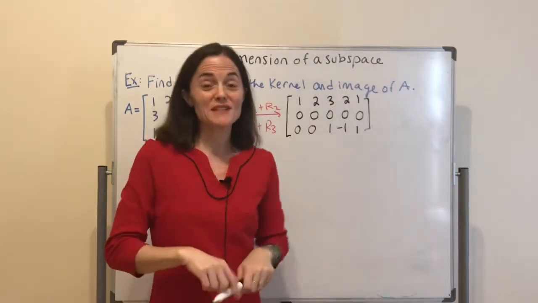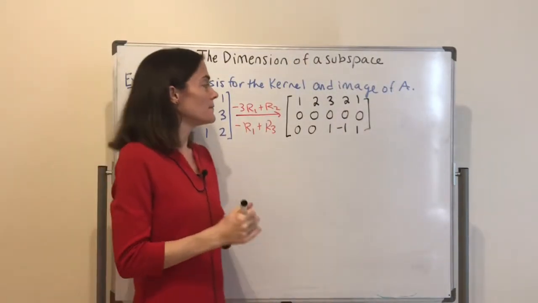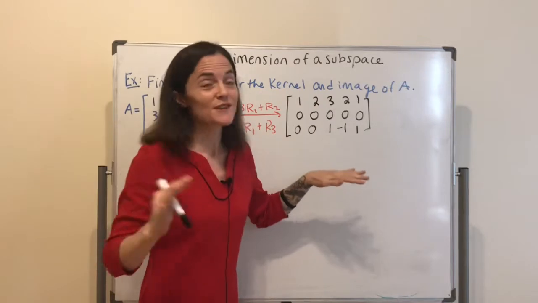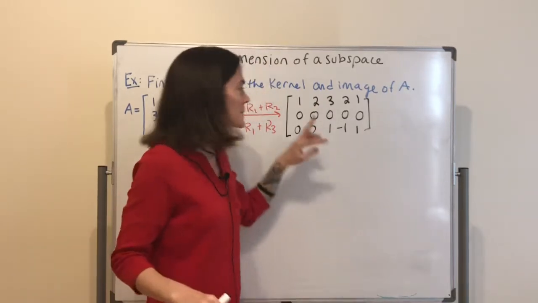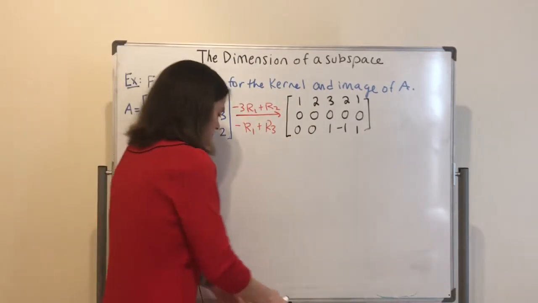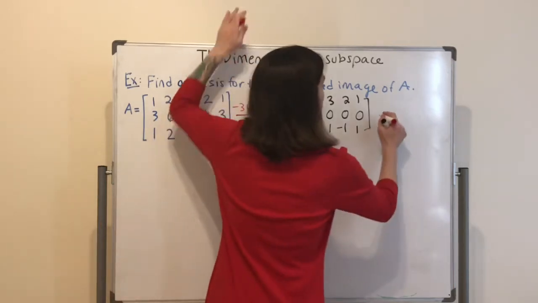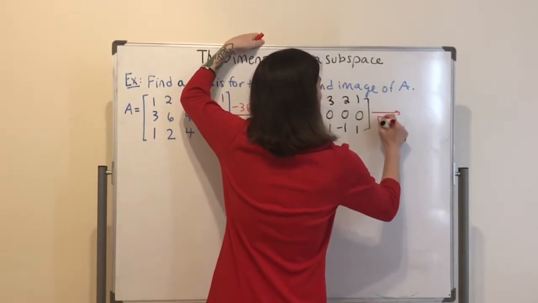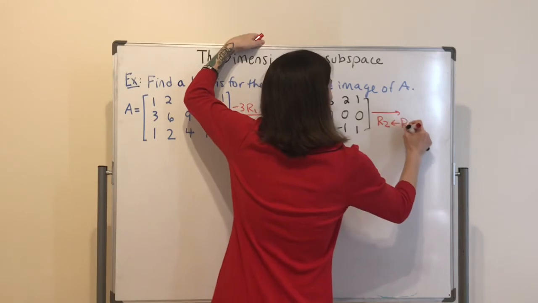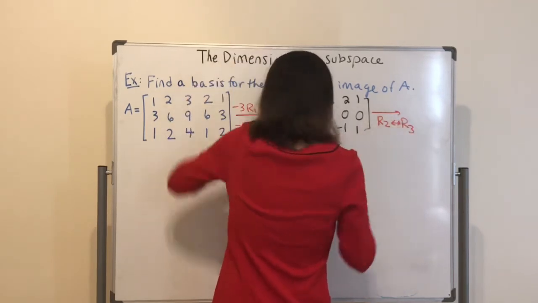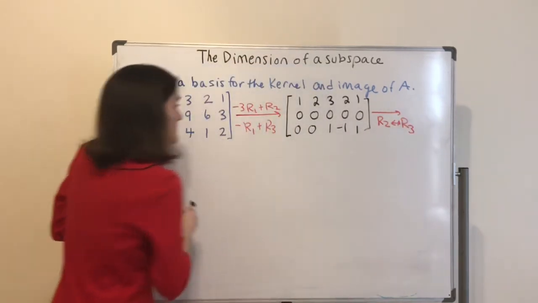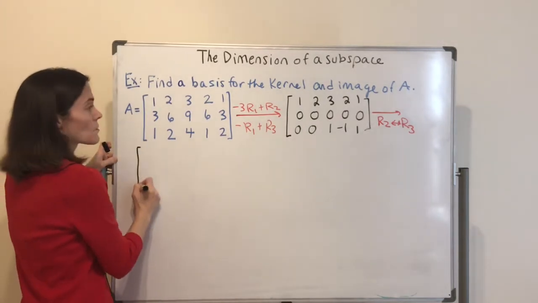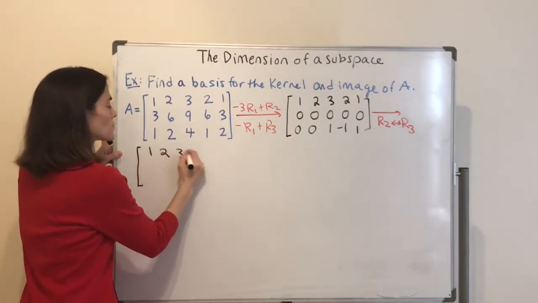We know in reduced row echelon form, if there is a row of zeros, it has to be at the bottom, so I will interchange row 2 and row 3, and then I'll recopy over here. 1, 2, 3, 2, 1.